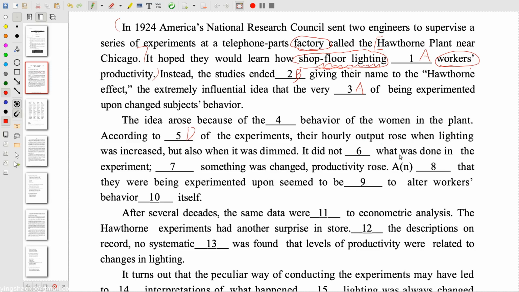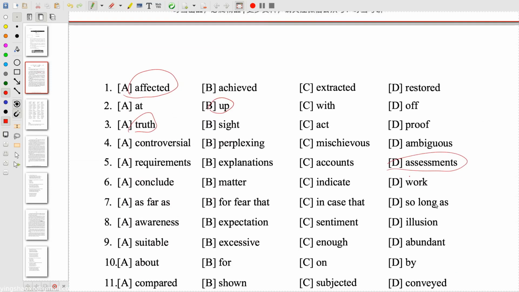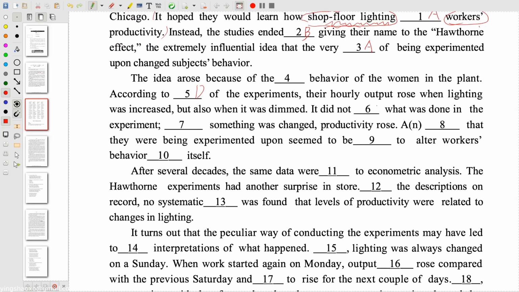It did not conclude what was done in the experiments. It doesn't conclude, I think I choose A. Something was changed, productivity rose.